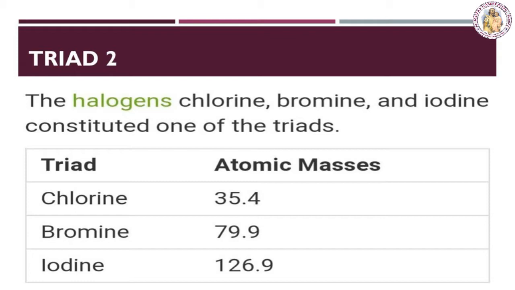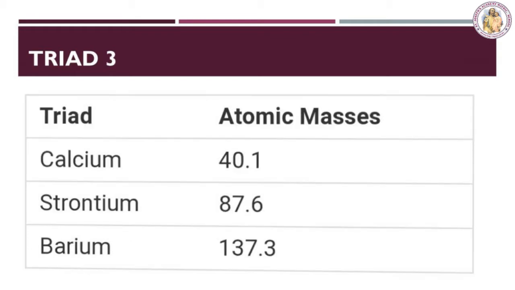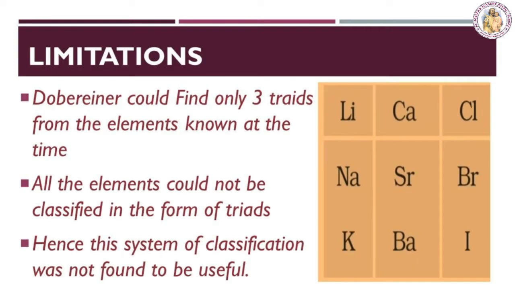So when you add the first element, chlorine, and the third one, iodine, and divide by 2, you will get the atomic mass value of bromine. Next one is triad 3. This one also do yourself. Calcium atomic mass is 40.1, strontium 87.6, barium 137.3.